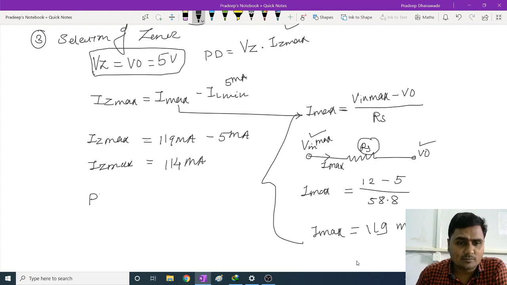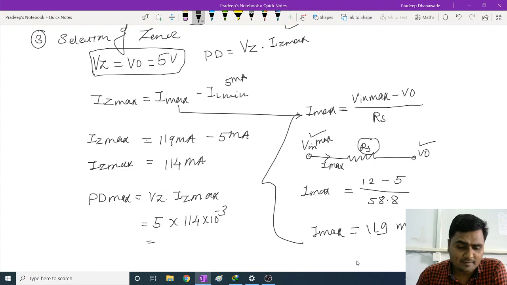So let me calculate the power dissipation. PD max is equal to VZ multiplied by IZ max. Put 5 multiplied by 114 into 10 raised to minus 3, since it is in milliamperes. So the power dissipation will be around 0.57 watt.